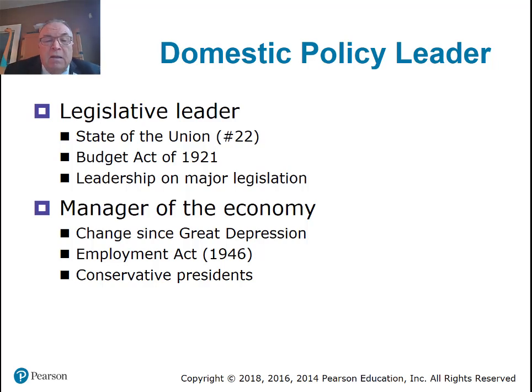And in the Budget Act of 1921, that passed the Constitution. Now, under law, he is supposed to present a budget of the United States. So he brings the initial budget to Congress, and he's supposed to provide leadership on major legislation. This is all new stuff, the Budget Act and major legislative leadership that's happened in the 20th century.